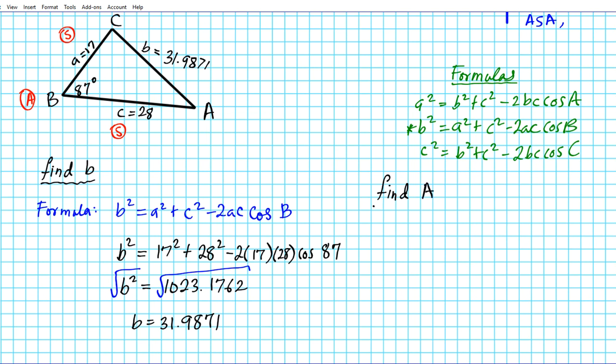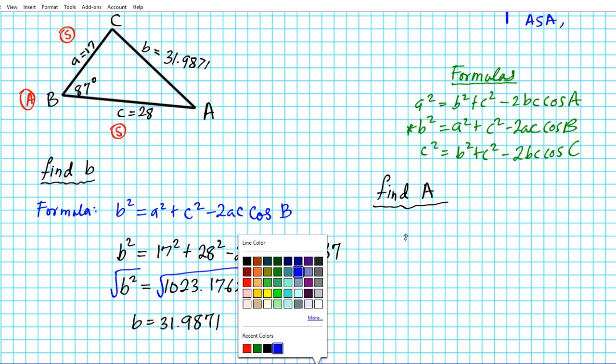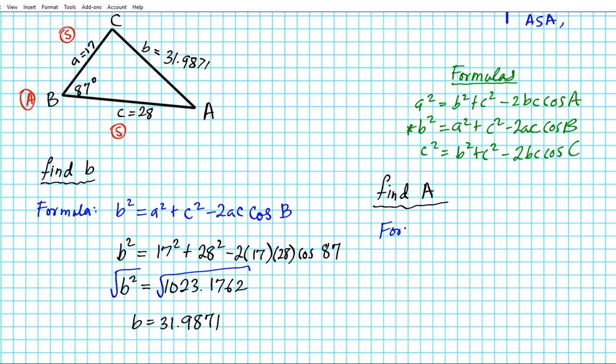Alright, so to find big A, we're going to use the law of sines formula. The law of sines formula that we're going to use is sine of big A, which is what we're looking for, over little a, equals sine of big B over little b.